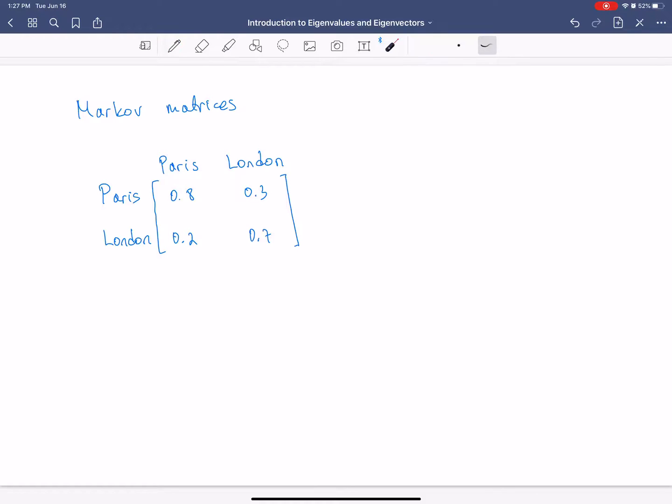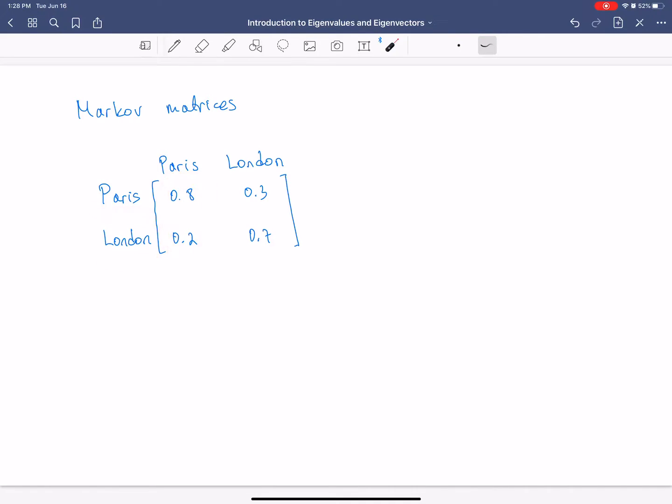So how could you interpret these numbers? You look at from Paris to Paris, from London to Paris. If this year I look at the number of people who live in Paris, this column tells me how many of them were in Paris last year and how many came from London.